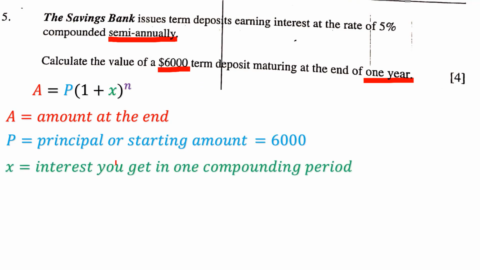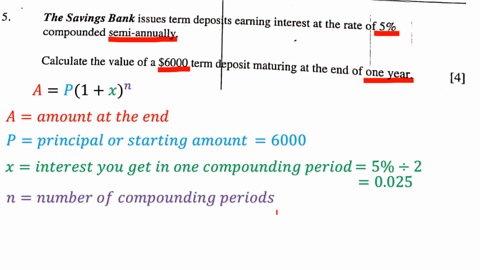Now what is x? Well, x is the interest you get in one compounding period. And so that's going to be what, 5%? But remember, it's semi-annually, so we have to divide by 2. And so 5% divided by 2 is going to be 0.025. That's the interest you get in one compounding period.